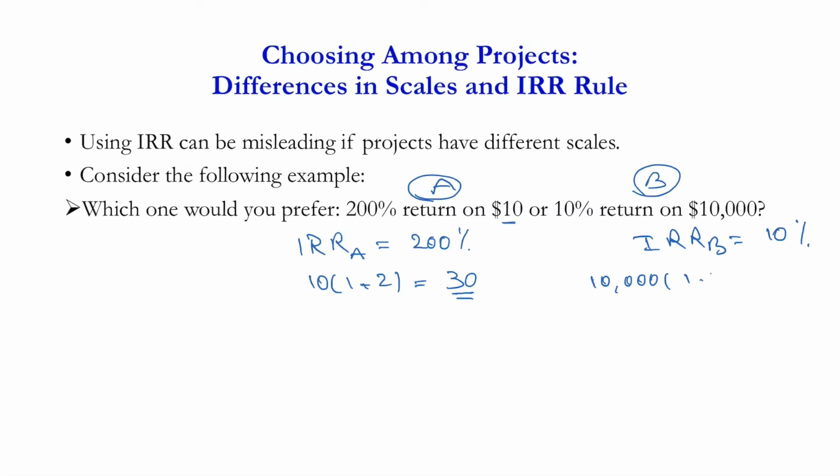So if I multiply $10,000 by 1.1, I would get $11,000.